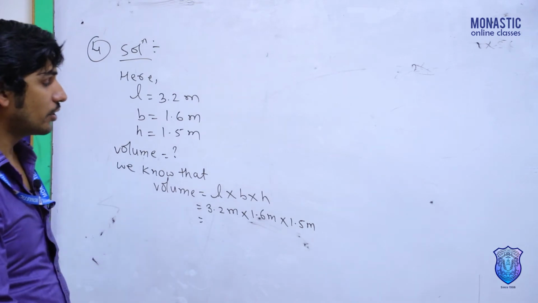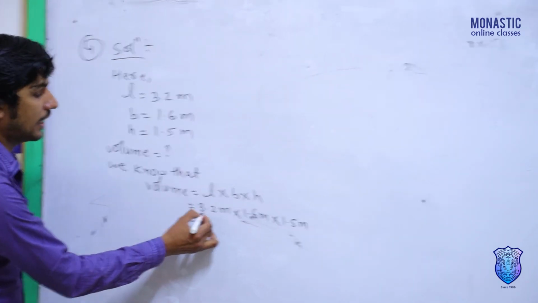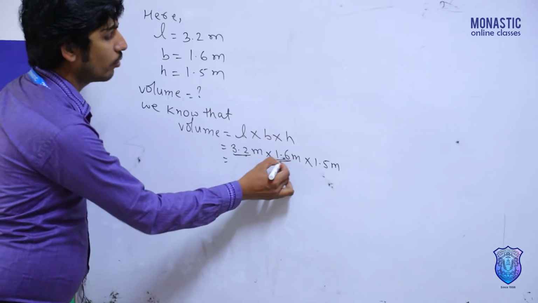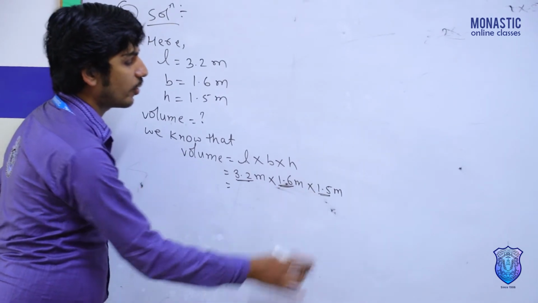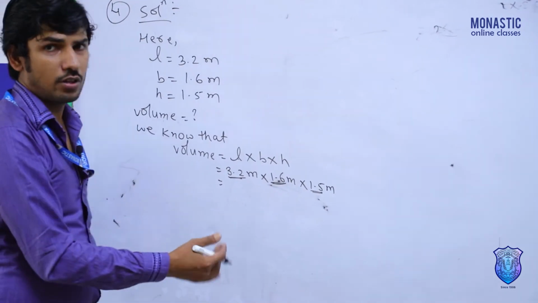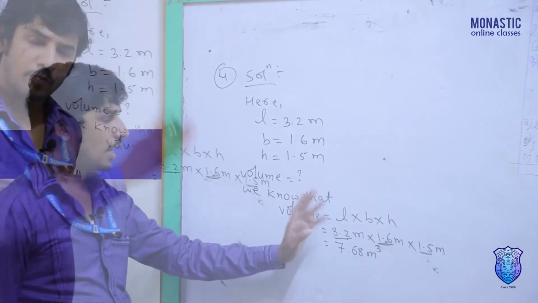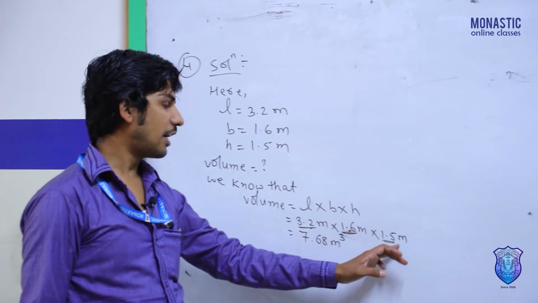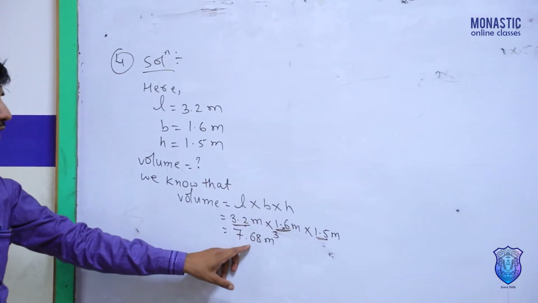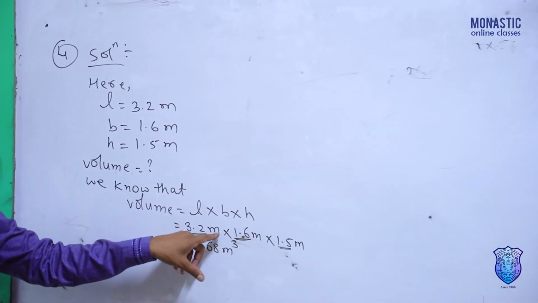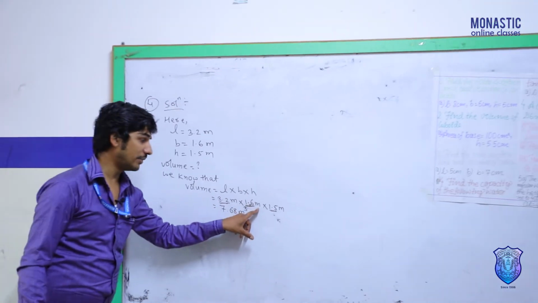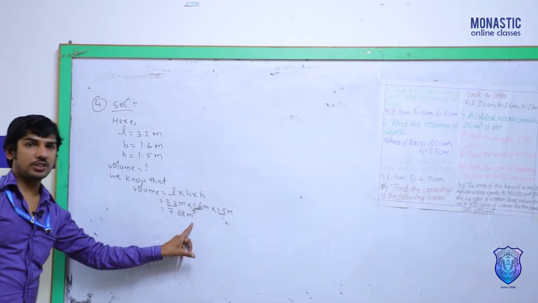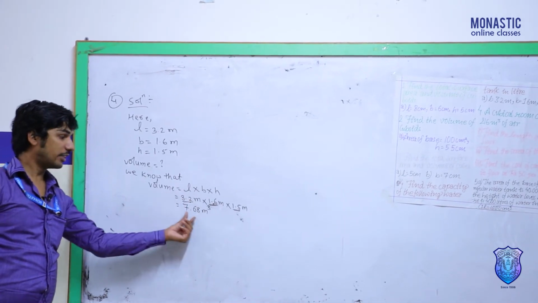After this, what do we have to do? Multiply 3.2, 1.6, 1.5. After multiplying all this, how much did I get? That is 7.68, meter into meter into meter, cubic meter. Now the volume has come.